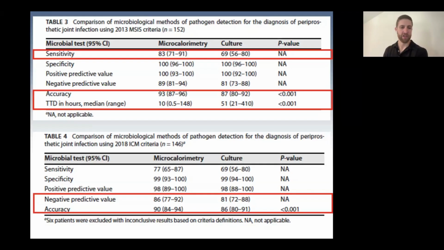So we saw a dramatic improvement in accuracy as it is with calorimetry, but even with the inconclusive cases, had we been able to substitute it officially for cultures, it would have been even better results than what we saw here.